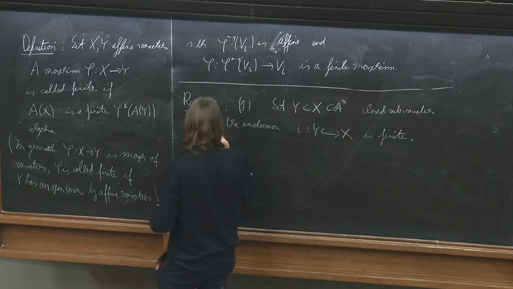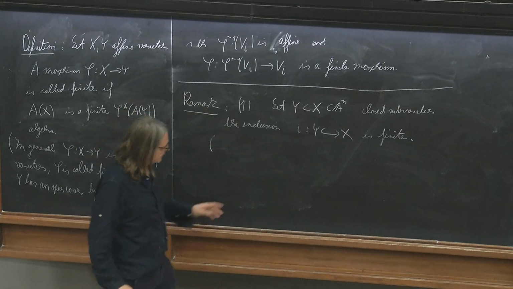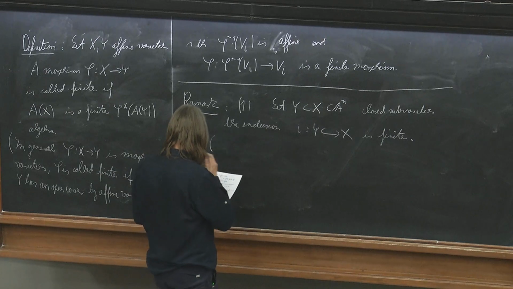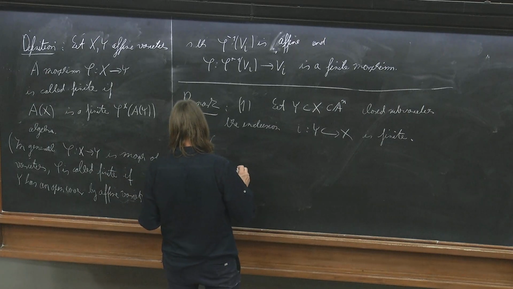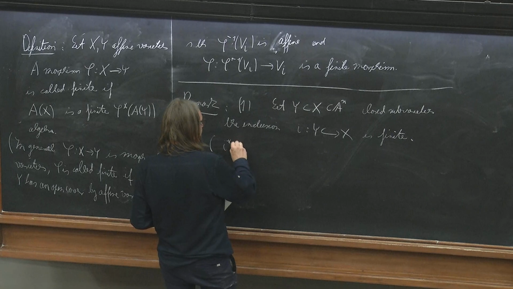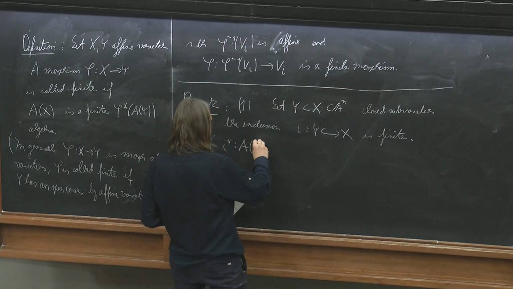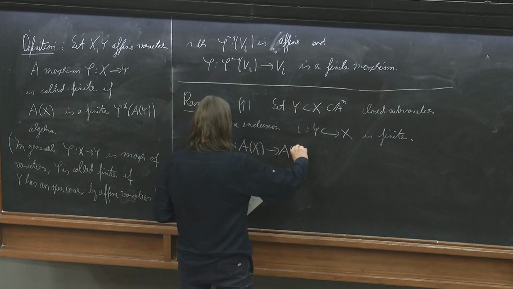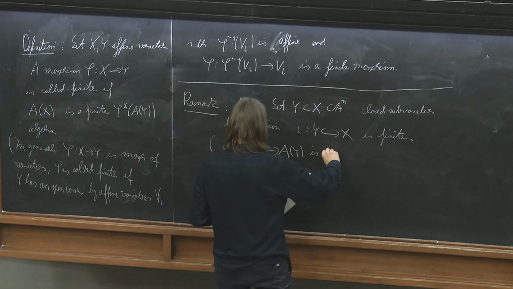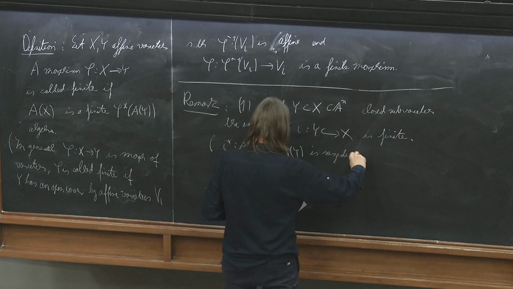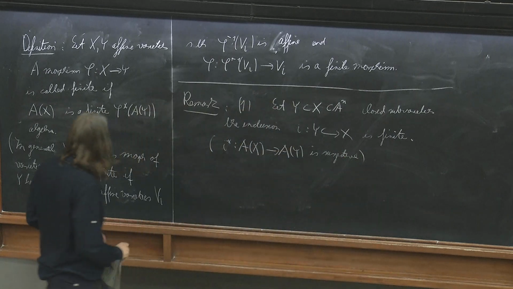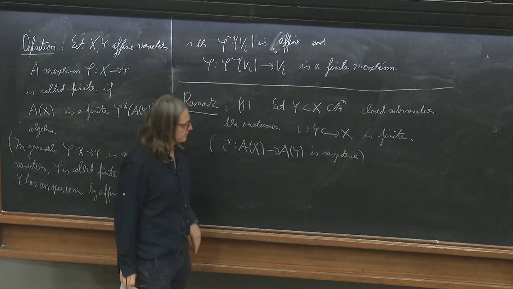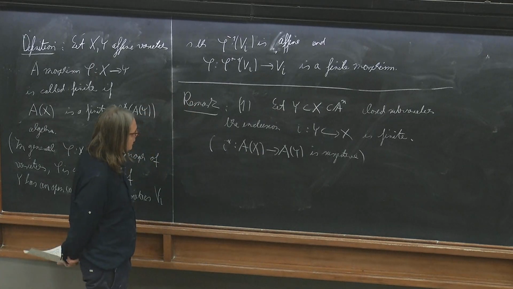Because you can easily see that the pullback map via the inclusion is always surjective. So i star from A(X) to A(Y) is surjective. So in particular, A(Y) is a finite A(X) algebra.